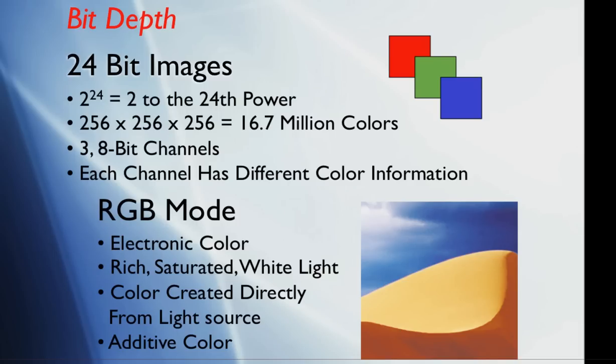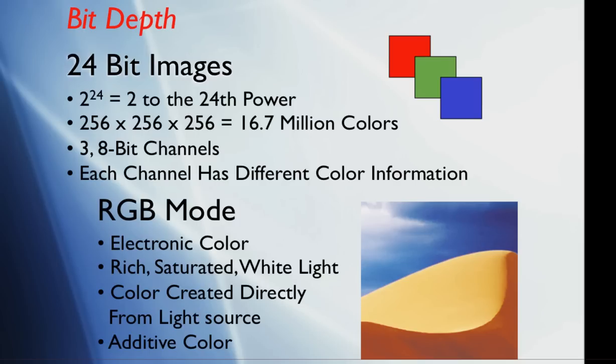In the old days of traditional monitors, you had literally three light guns inside the TV, and the light source itself lights up the color elements. So it's very direct, it's very intense. You can create almost electronic or fluorescent colors in RGB on your computer screen.